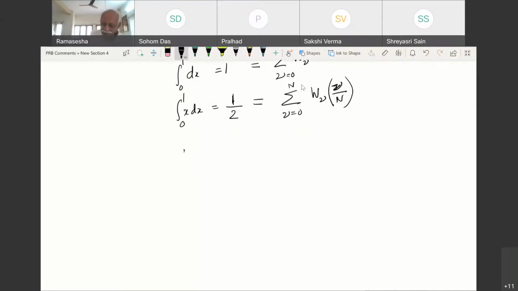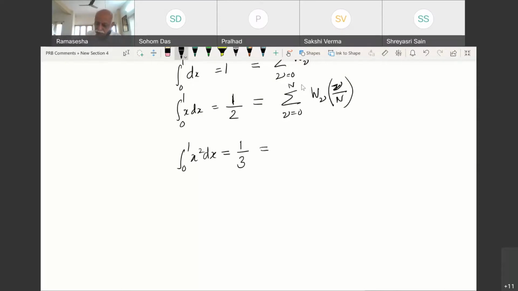Then I have x squared dx. What is integral 0 to 1 x squared dx? 1/3.